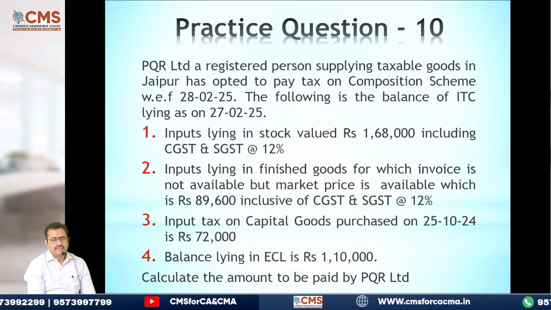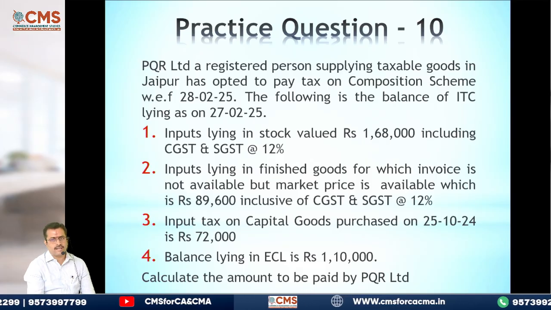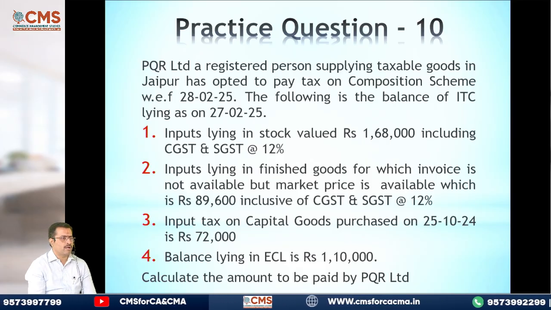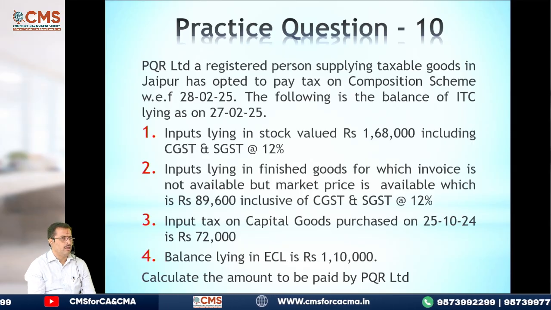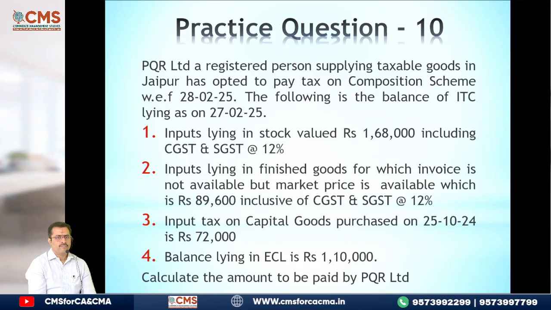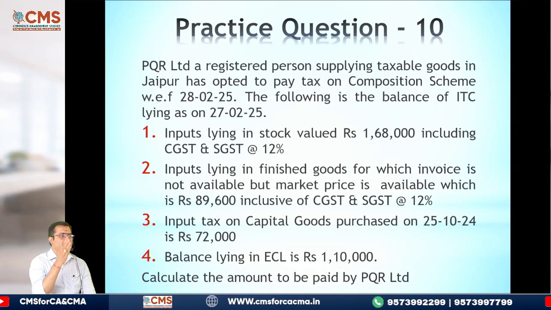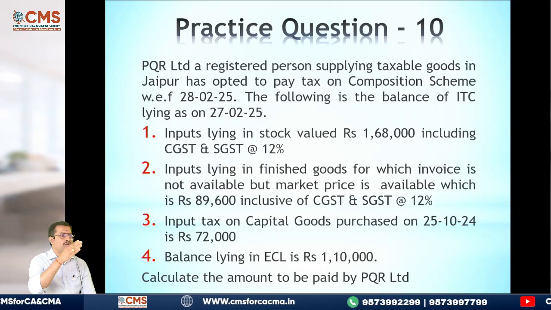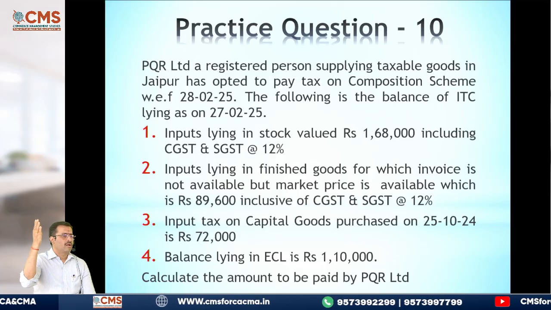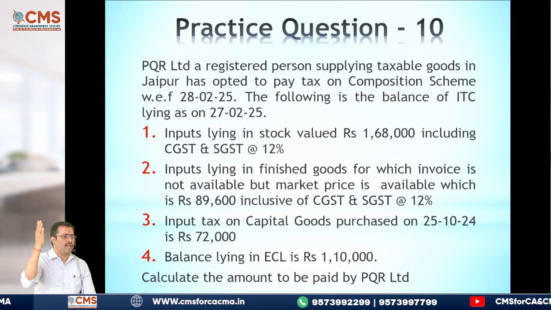Clear? Then input tax on capital goods purchased on 25th October 2024. Now with regard to capital goods, what is the point we have to be careful? How much reversal we have to do? Only in proportion to the remaining useful life divided by 60.